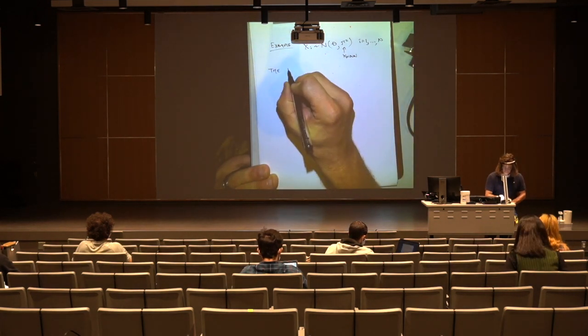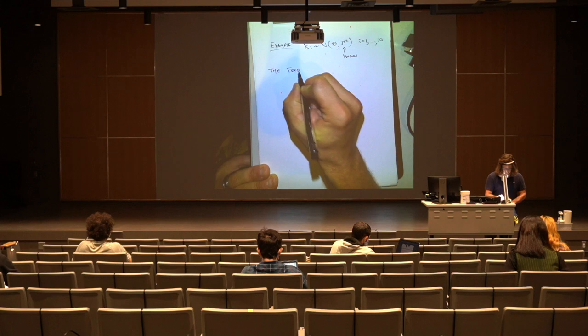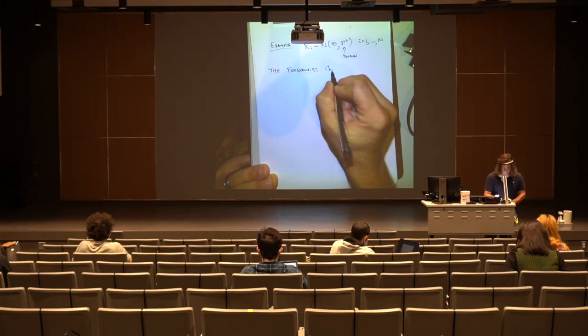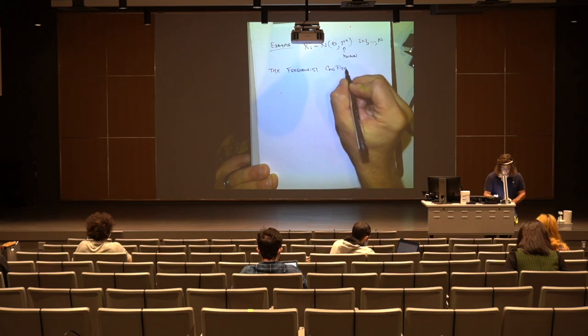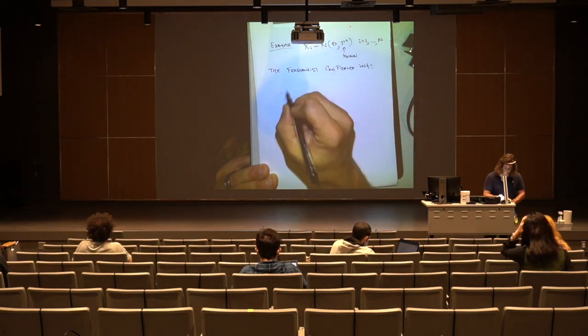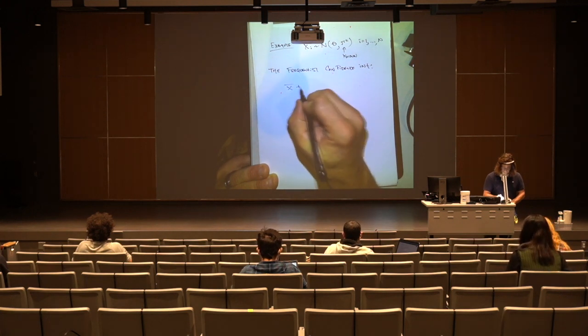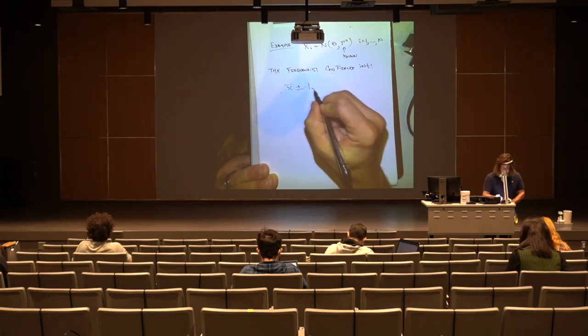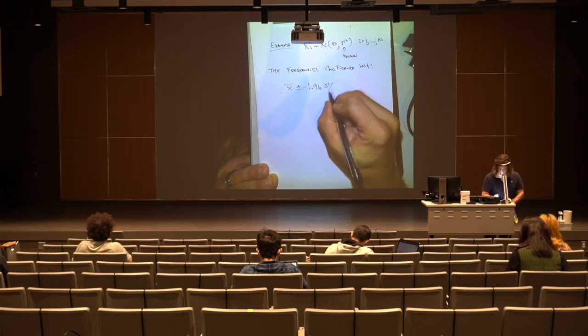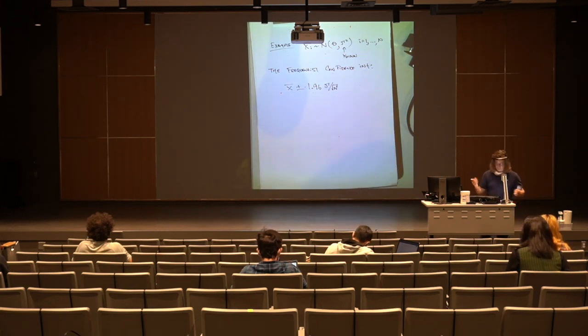The frequentist confidence interval is just this thing, x bar plus or minus 1.96 sigma over root n. That's what you would do.